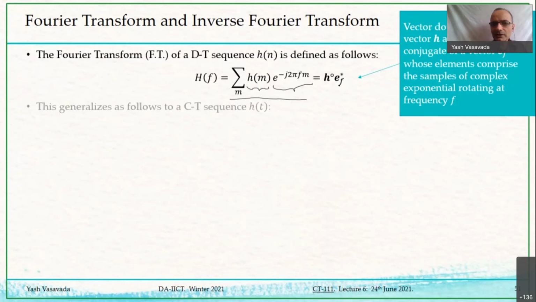And E of f is a vector made up of these complex exponential samples. In the last lab that you did, we had defined this G matrix, which was made up of many different columns, and each column was essentially one vector E of f at some frequency f. This is called the discrete time Fourier transform, because we are in the discrete time domain.